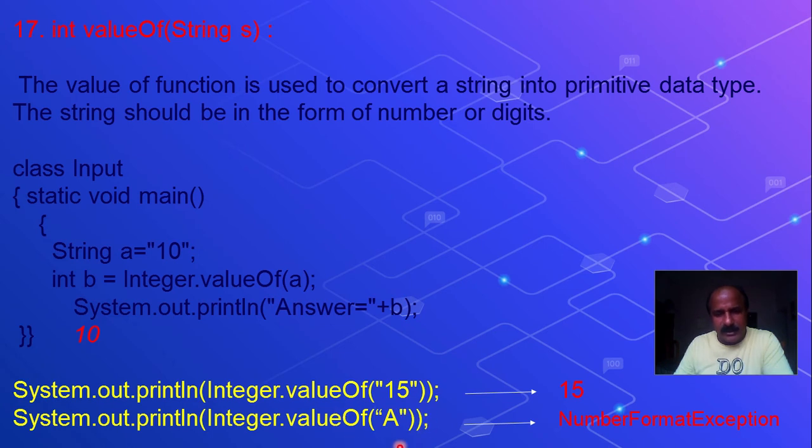If you give any character other than digits, or any other thing, then an exception will be thrown, and that exception will be NumberFormatException. An error message will be shown on your screen. That means what the function is expecting and what you have given are not matching; there is a format difference.